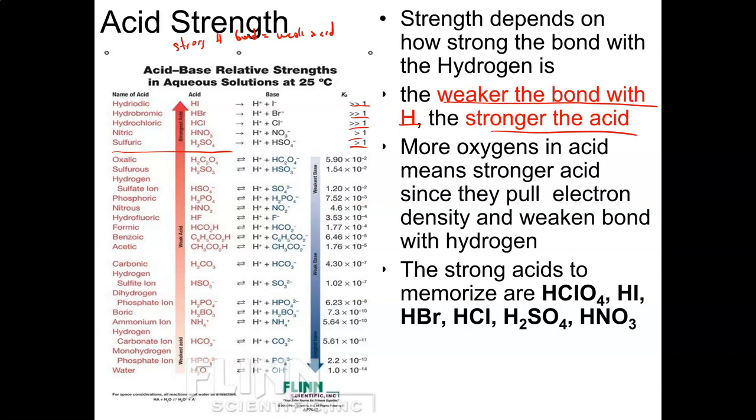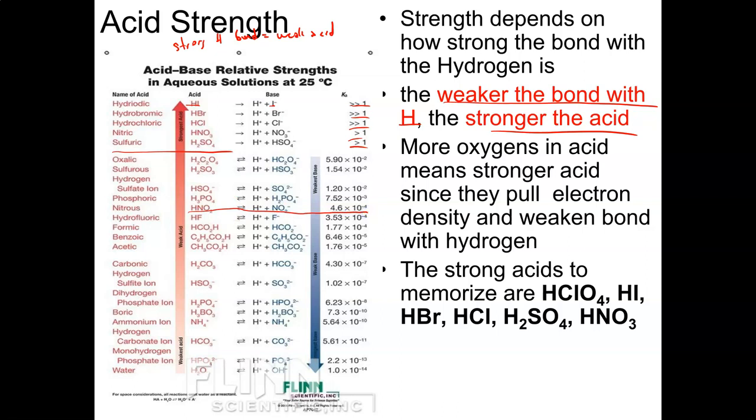The thing I want you to notice is that if it's a strong acid, its conjugate is weak. So if HI is a strong acid, the conjugate base, which is I minus, is a weak base. It's a flip-flop conceptually. If you look down here, this particular chart doesn't do a good job giving you the comparison for all of them, but something like HNO2, you see its K is 10 to the negative 4.